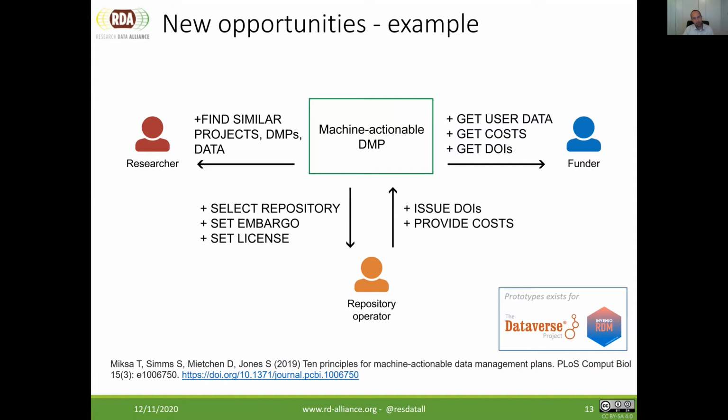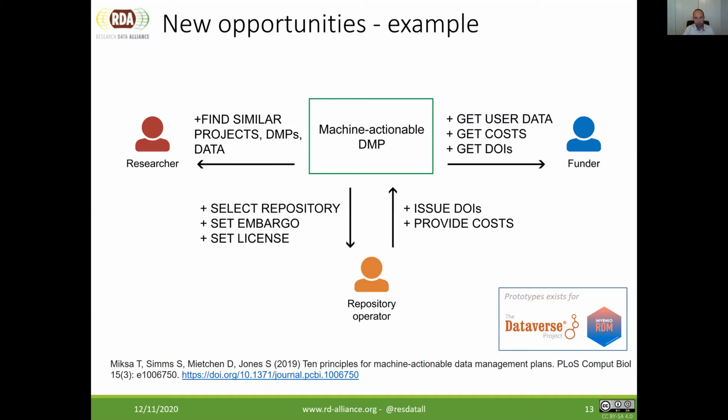In return, when the data gets deposited, the repository operator can append to the data management plan a DOI of this data set, and can also provide estimations on costs, how much it will cost to curate and preserve the documents. This is not something researchers usually know, and this can be provided by the repository operator to enrich the information in the DMP.